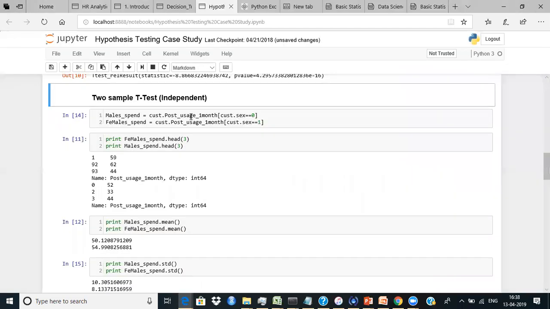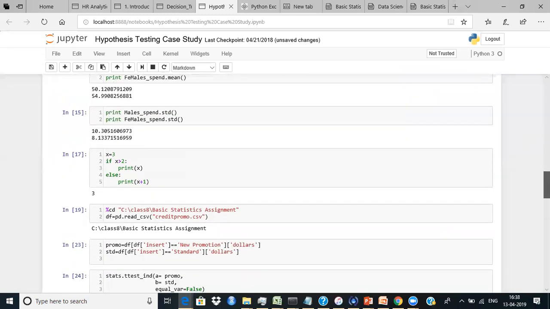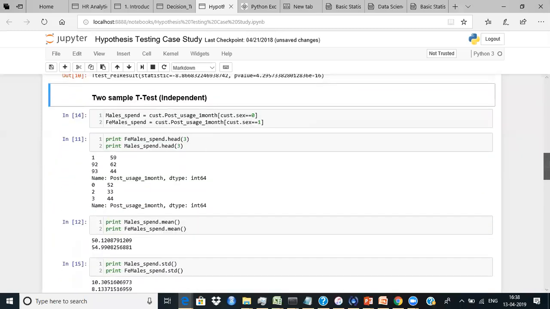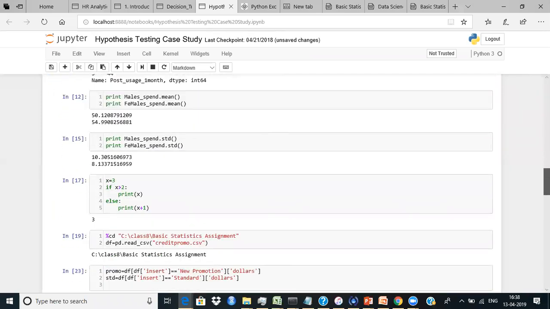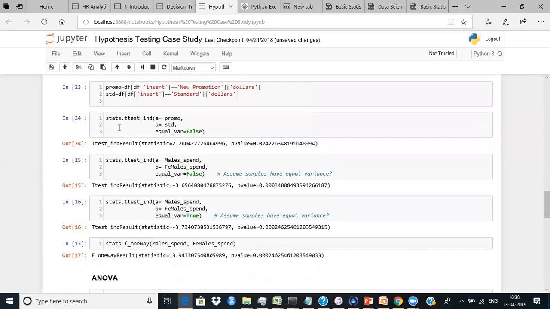Now, in this particular case, the function that we will be using is stats.ttest_ind, because it is independent sampling. Previous was related. This is independent.